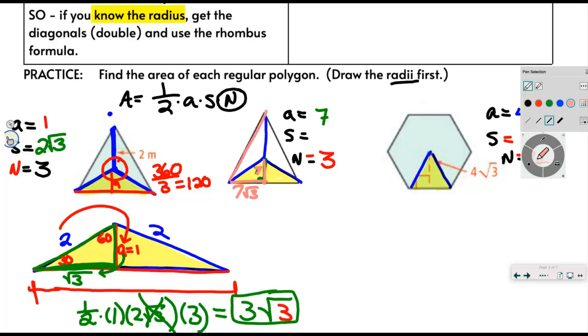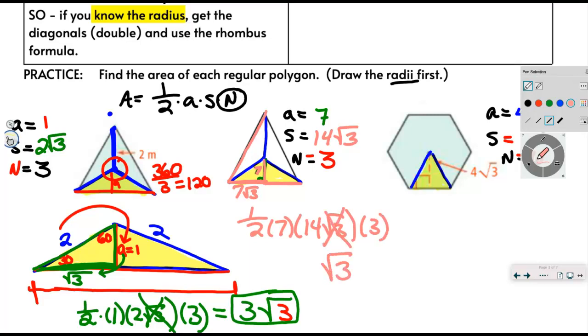Again, I need a side of the triangle, so I need to do 2 of those, which would be 14 root 3 for the side length. And then again, I just plug them into my model. My area is 1/2 times the apothem times the side length times the number of sides. Put this in your answer and do the rest of it on your calculator. And if you multiply a half times 7 times 14 times 3, you get 147 root 3.